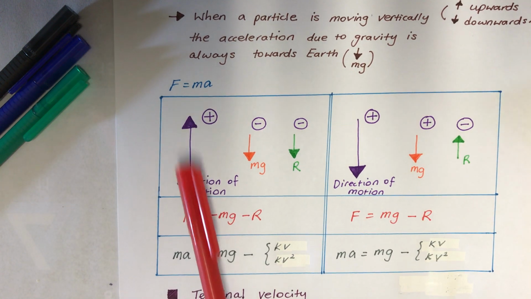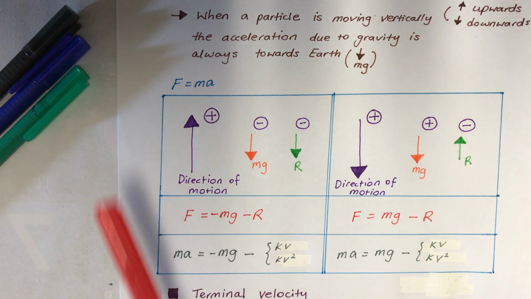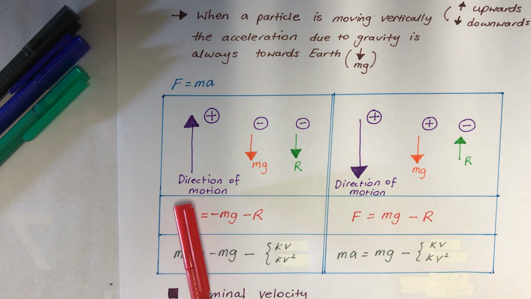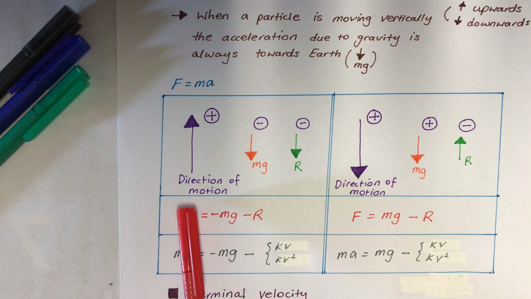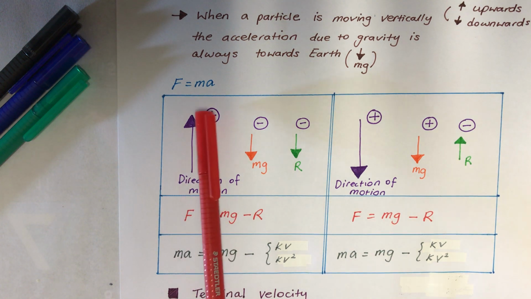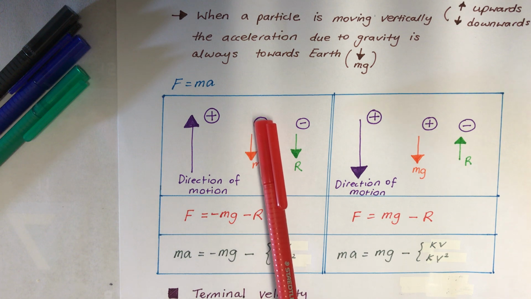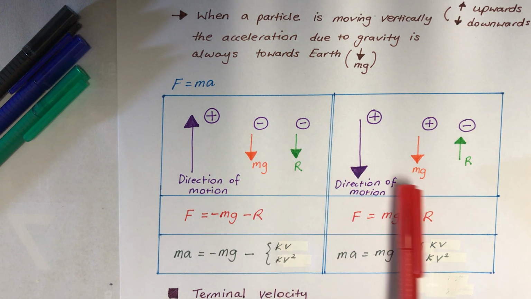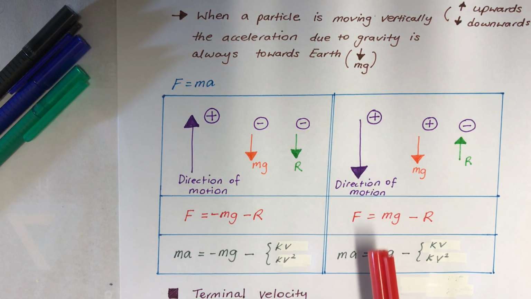So force equals ma, and we know that from Newton's second law. If it's moving upwards, we normally say the direction of motion is the positive direction, and obviously the opposite direction will be negative. Now mg is always down, it doesn't matter whether the direction of motion is upwards or downwards.